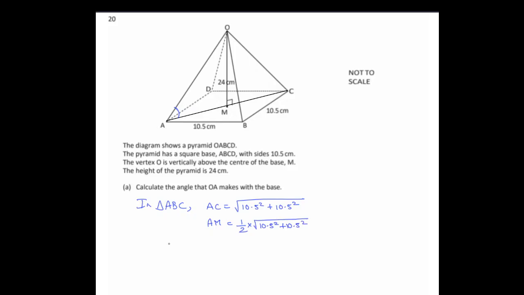So for the angle we need to take tan. Tan of angle OAM is opposite by adjacent. Opposite is 24, adjacent is this half.